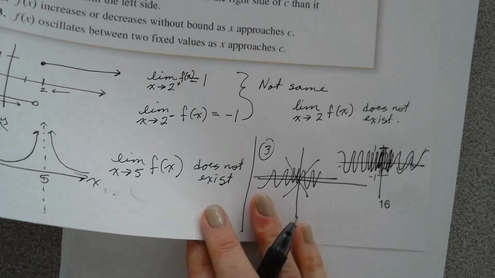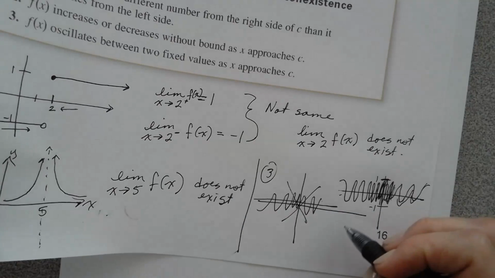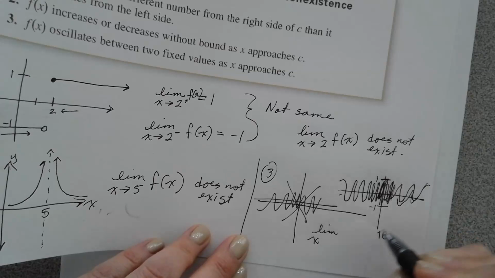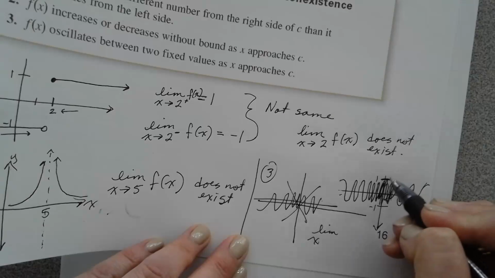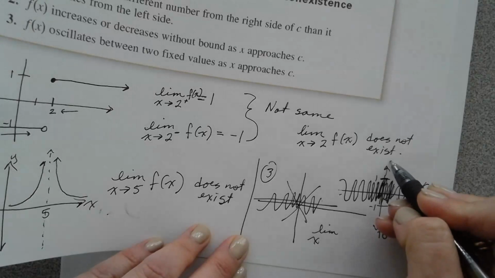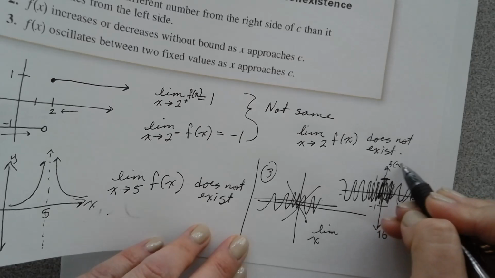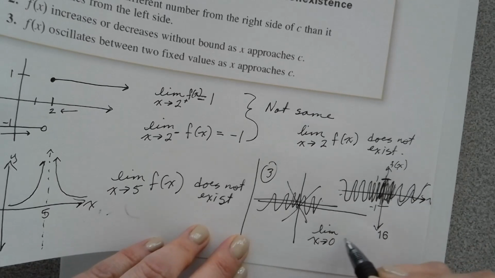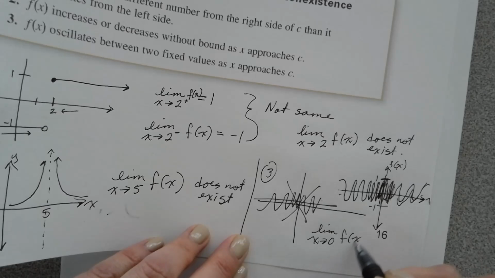Those are the three reasons. Let's say this is x equals 0. So in this case, the limit as x approaches 0 of f of x does not exist.